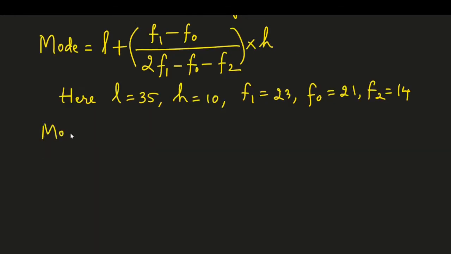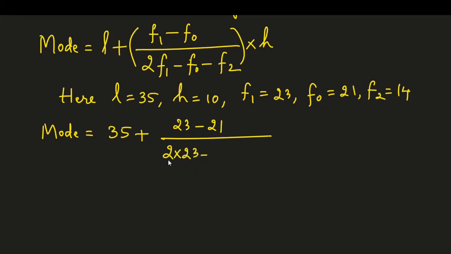So mode is equal to 35 plus (23 minus 21) by (2 into 23 minus 21 minus 14) into H. Value of H is 10.